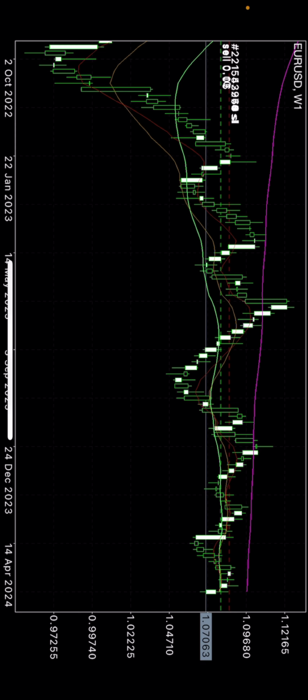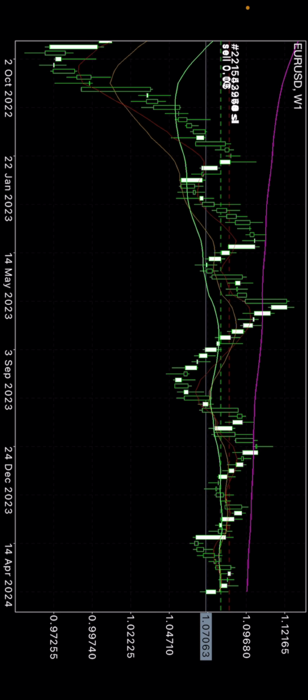So guys, this is your USD on the weekly time frame. I'll start by explaining the rules of our strategy to you guys, right? Basically how we take trades is, number one, we look for a higher time frame zone, right? So it could be on the daily, weekly, or monthly. And then number two, we wait for a test of that zone.